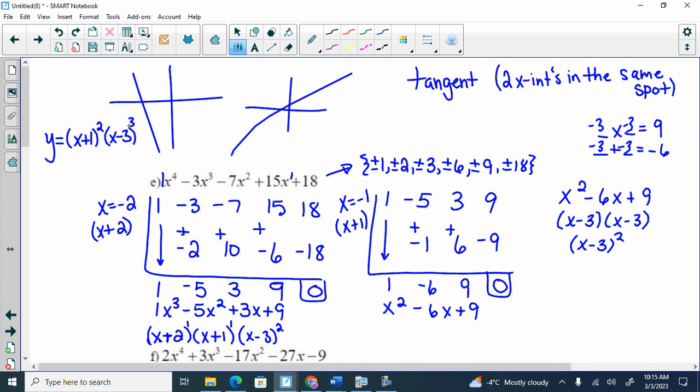Is it degree 1, 2, 3, 4, 5? What do you think? How many are here? 2. How many are here? 3. At minimum, it has to be 5. Because you can have at max the number of x-intercepts as the degree. So if it's degree 4, you can have at maximum 4 x-intercepts. This one has 5. It has 2 at 1 and 3 at 3. Correct? So at minimum, this is a degree 5 function. It is a degree 5 function.